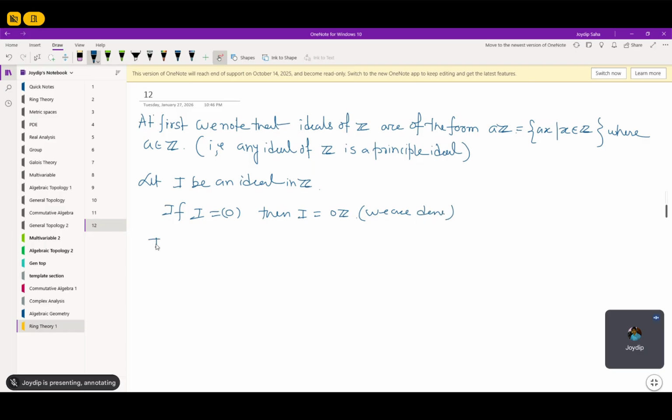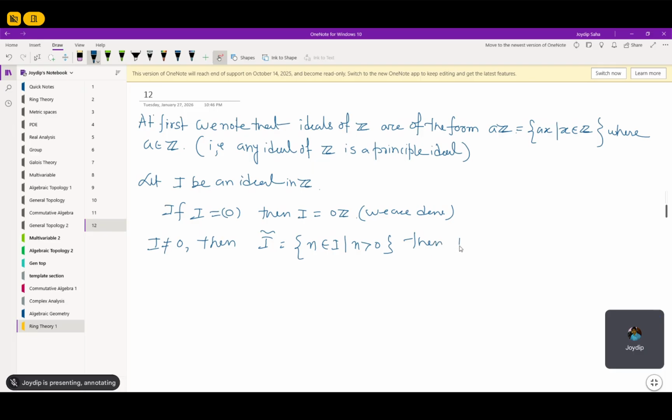If I is not 0, then I write I tilde equals such n belongs to I such that n is greater than 0.